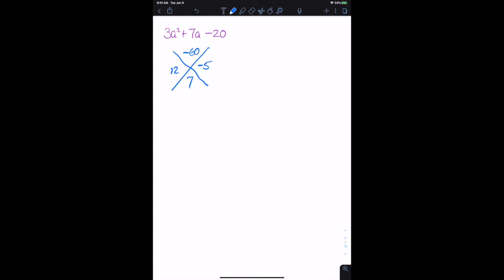All right, now we go 1 over 3. We draw a nice tall set of parentheses, and we go inside and say 3a plus 12 times 3a minus 5. And that's creating those binomials using the found numbers from the magic x. And we put the closed parentheses in there. Now the next step is to go inside and see if we can factor out a greatest common factor of each of the binomials.